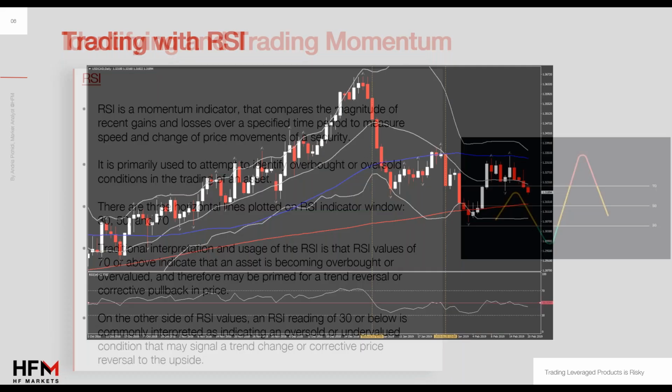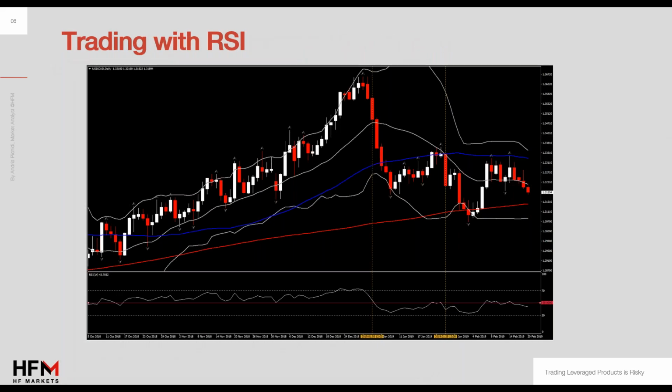So let's see another example just to make you understand how it works. Over here, it's a daily chart again. It doesn't matter, just to show you how you can read the signals that the RSI is presenting. Here we have a dollar cat. For a long time, RSI was steady above 50.